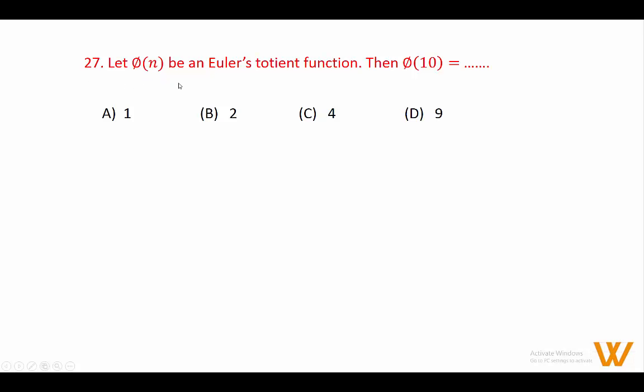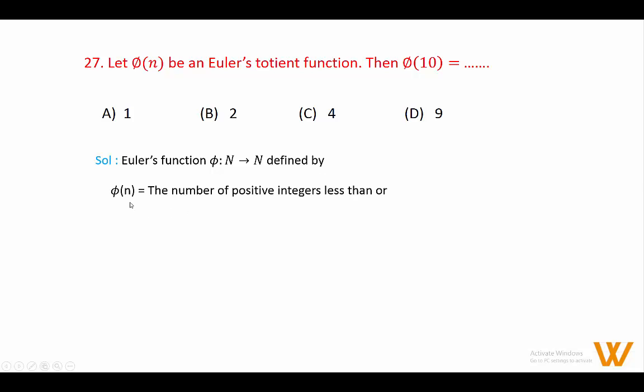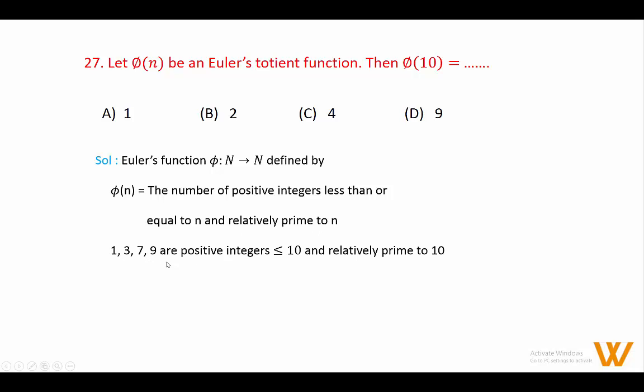27. Let phi(n) be Euler's totient function, then phi(10) is equal to dash. Euler's function phi from N to N is defined by phi(n) equal to the number of positive integers less than or equal to n and relatively prime to n. 1, 3, 7, 9 are positive integers less than or equal to 10 that are relatively prime to 10, because gcd of 10 and 1 is 1, gcd of 10 and 3 is 1, gcd of 10 and 7 is 1, gcd of 10 and 9 is 1.